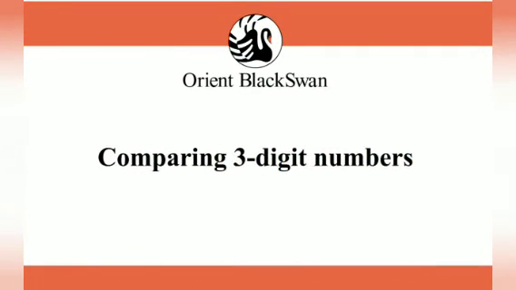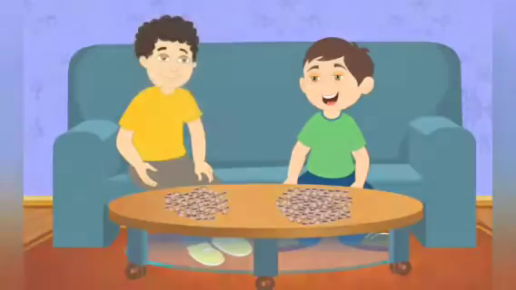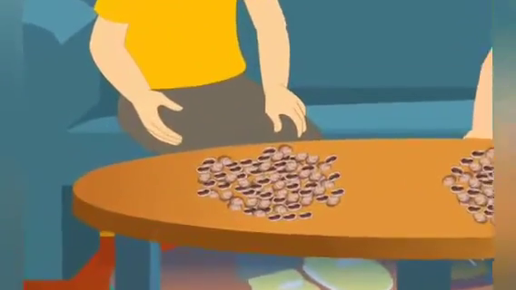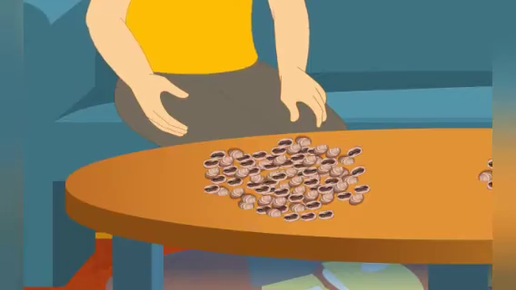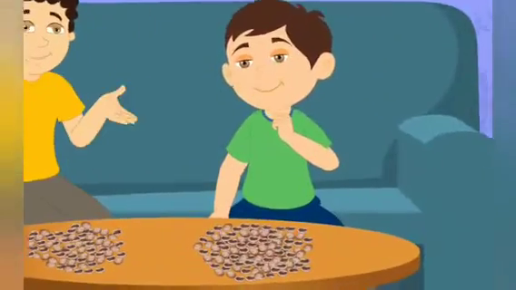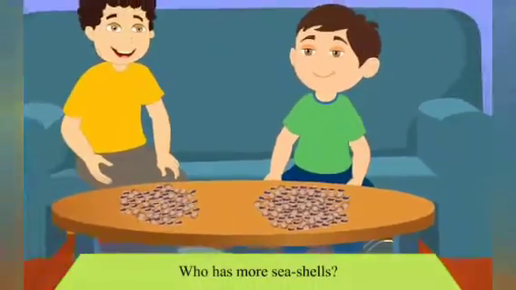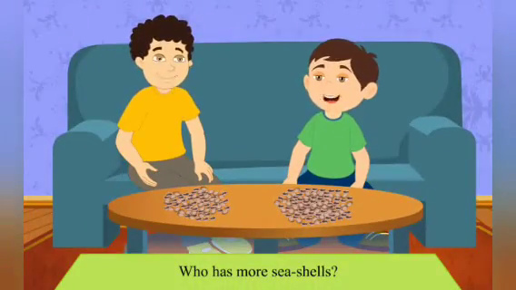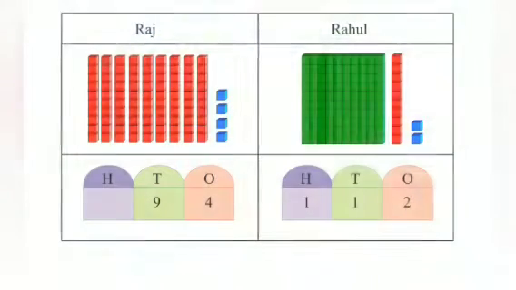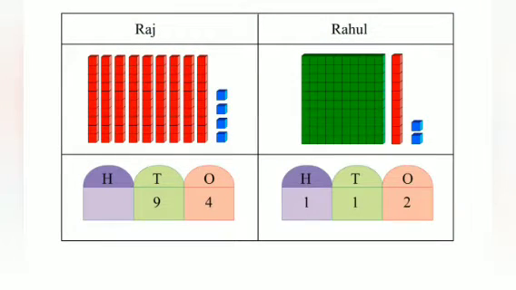Comparing 3-digit numbers. Raj has 94 seashells and Rahul has 112 seashells. Who has more number of seashells? A number with more digits is always greater. 94 has 2 digits, whereas 112 has 3 digits.